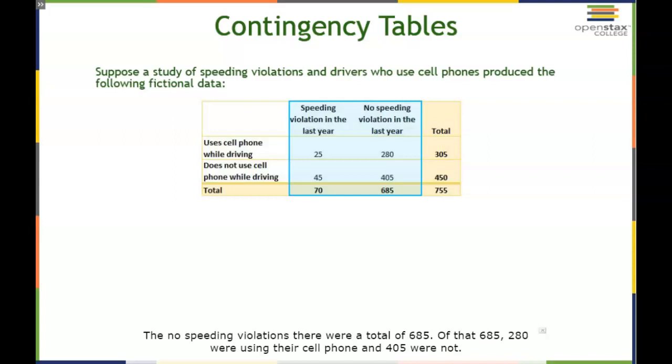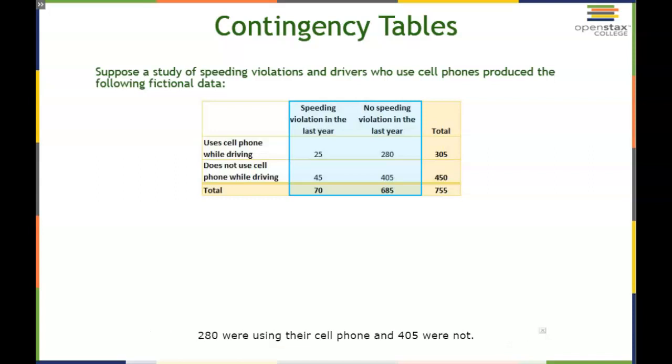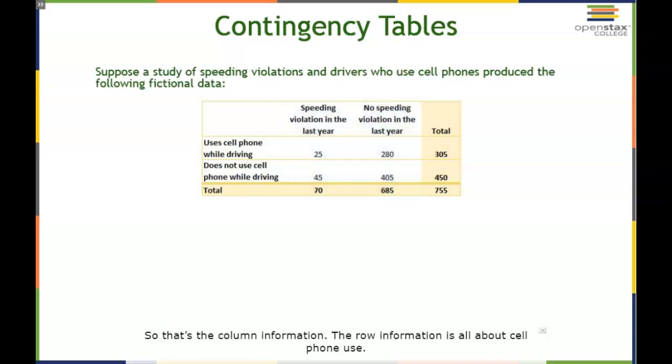The no speeding violations, there were a total of 685. Of that 685, 280 were using their cell phone and 405 were not. So that's the column information. The row information is all about cell phone use. The total of drivers using their cell phones equaled 305.